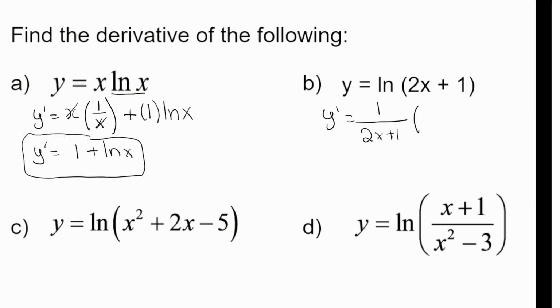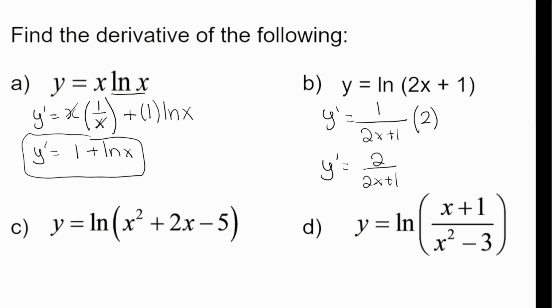And that's going to be times the derivative of what's on the inside, and the derivative of 2x plus 1 is just 2. We can simplify this to be 2 over 2x plus 1. So the derivative of y equals ln of 2x plus 1 is simply 2 over 2x plus 1.